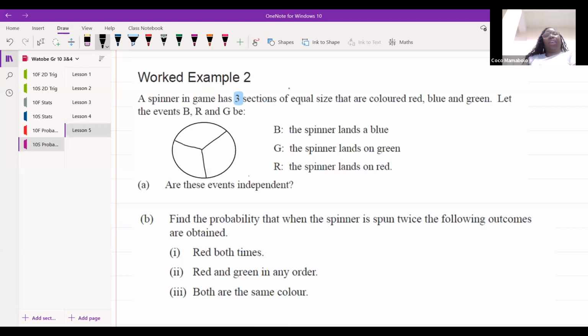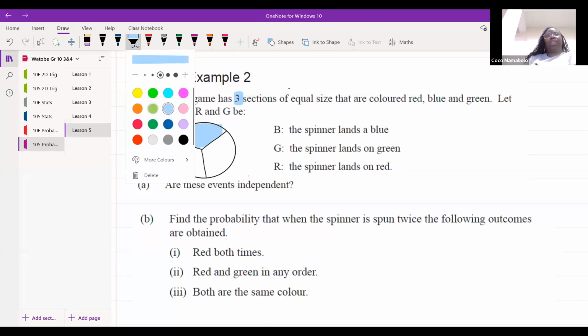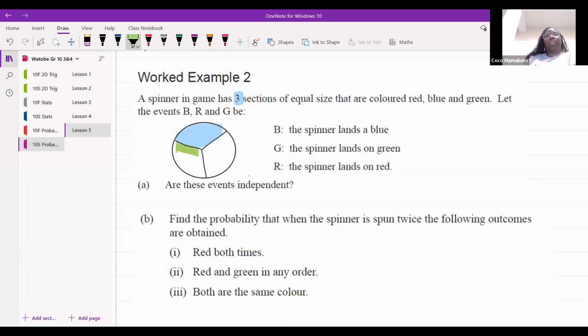Okay. All right, it says here, there's a red section, a blue section, and a green section. So there's the blue part, the green part, and I'm just gonna color the red part in green.